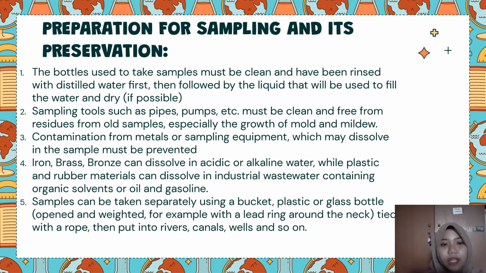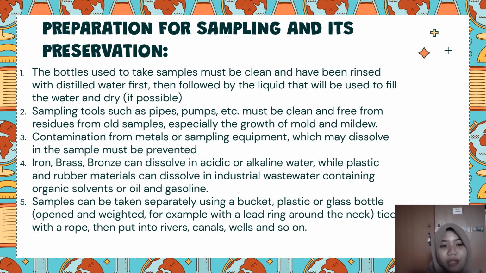Sampling tools such as pipes, pumps, etc. must be clean and free from residues from old samples, especially the growth of mold and mildew. And 3. Contamination from metals or sampling equipment which may dissolve in the sample must be prevented.